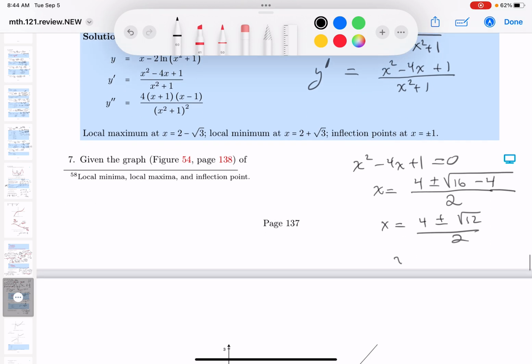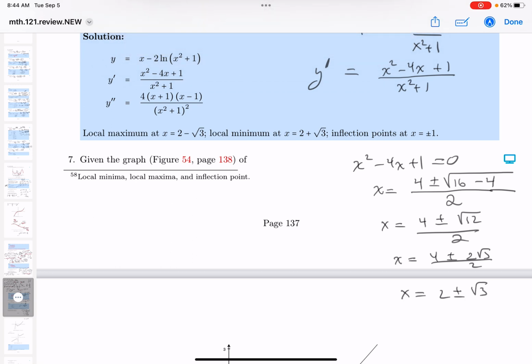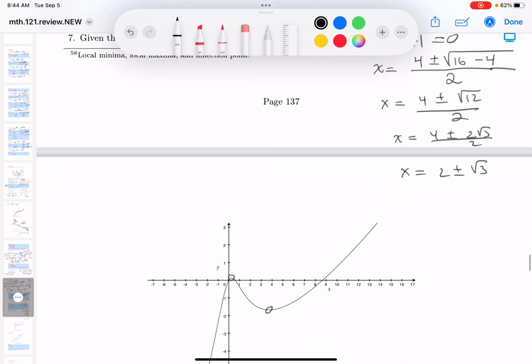This is starting to shape up, isn't it? 4 plus or minus 2 root 3 over 2. So x equals 2 plus or minus root 3. Let's put them down for you, and we'll check the key in a moment.